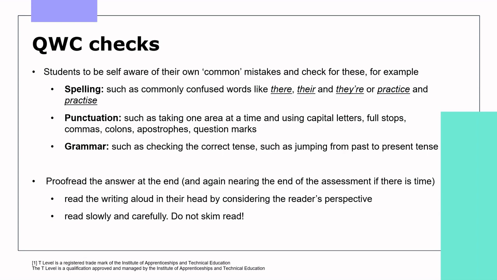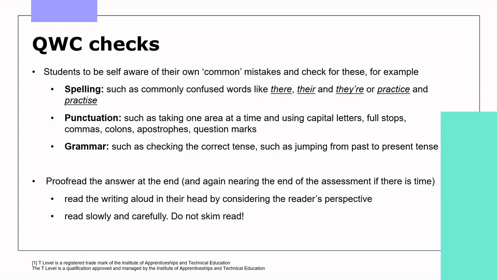Now, there are a few common tips and mistakes that students can make. So making them very much aware of these can make them more alert during the actual assessments. And students may have their own common mistakes that they make. They should be a bit more self-aware of these and try to devise methods for addressing them, such as acronyms that might help prevent this mix-up occurring.